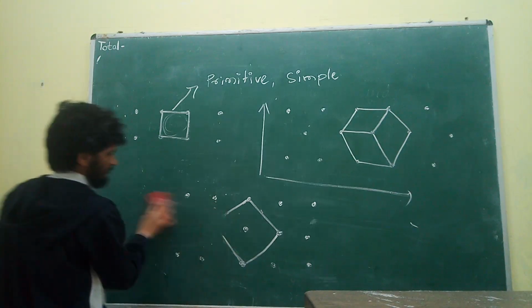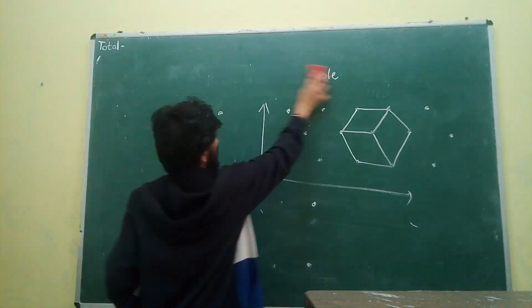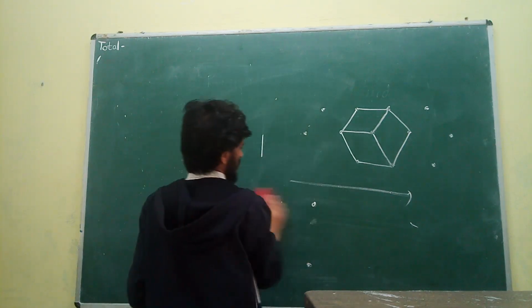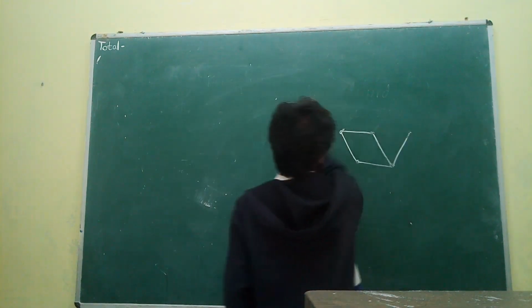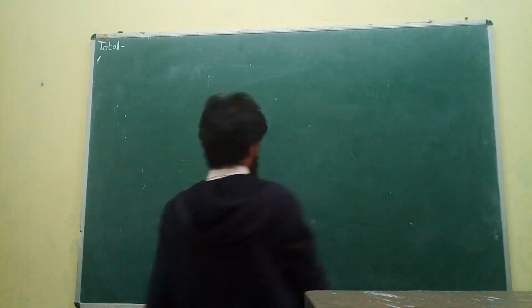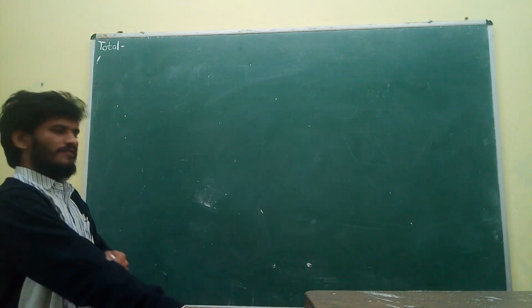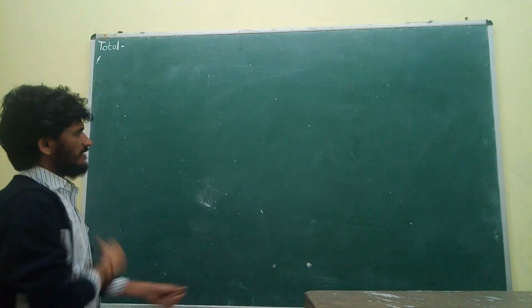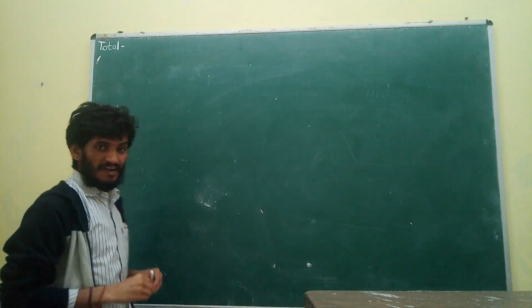Now let's go. These unit cells are divided into 7 types. In your textbook, 7 types are given before only, but let me first see the different types of unit cell, then we go to the 7 types. Now see, if we take a cubic, do you know the cuboid structure?